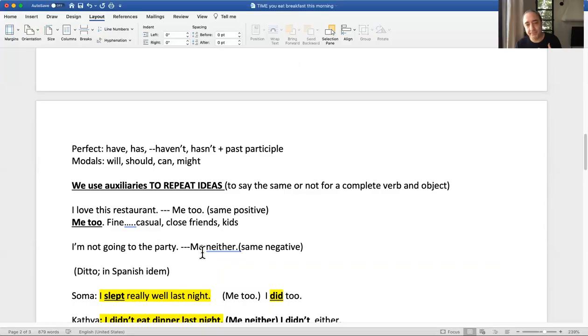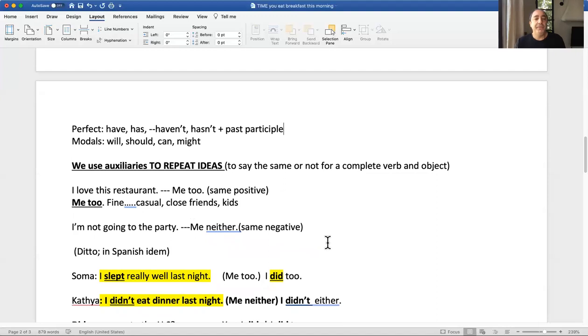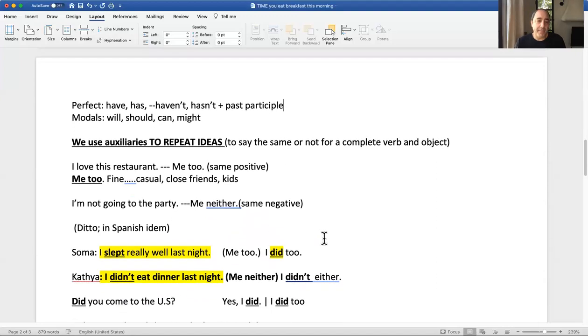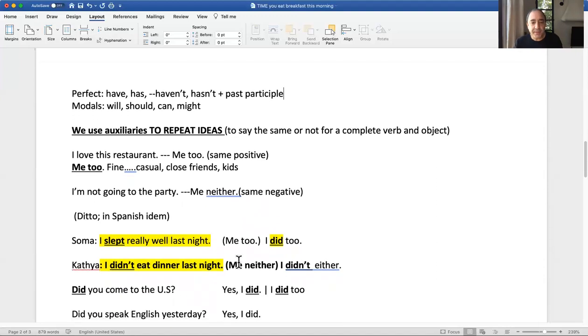Me neither. Again, perfectly fine English for a second negative. Someone says no to something, you say no too. Me neither. It's okay. But me too and me neither are fine, but they're not as strong or complete or formal English that you need to know.